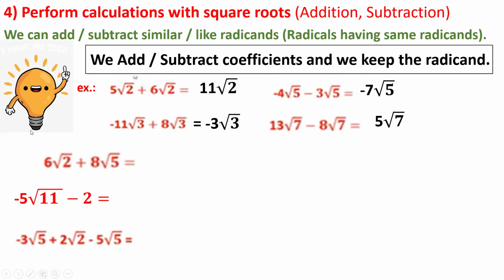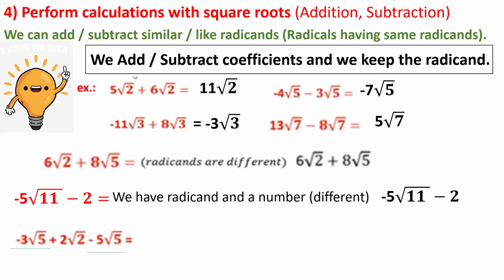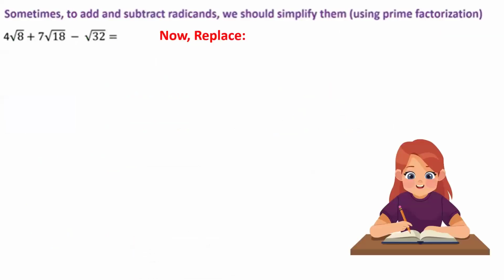Now, if you have, for example, 6 radical 2 plus 8 radical 5, here the radicands are different. So since we have different radicands, the answer stays as it is. Okay? Now, this is another example. If we have to add this expression, I look inside the radical. Here I have radical 8, here I have radical 18, here I have radical 32.